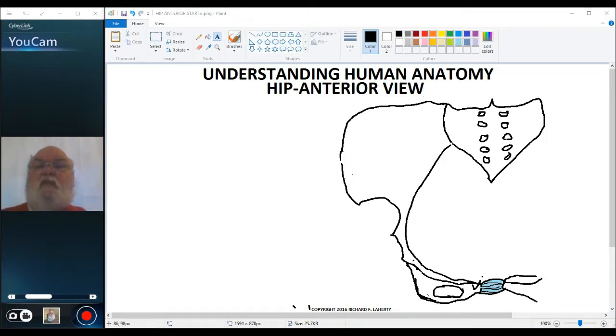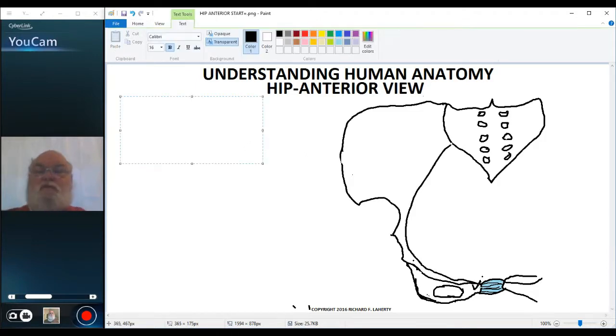Now, notice that the orientation is a little bit different than you might expect. I've tried to draw this close to true anatomical position.